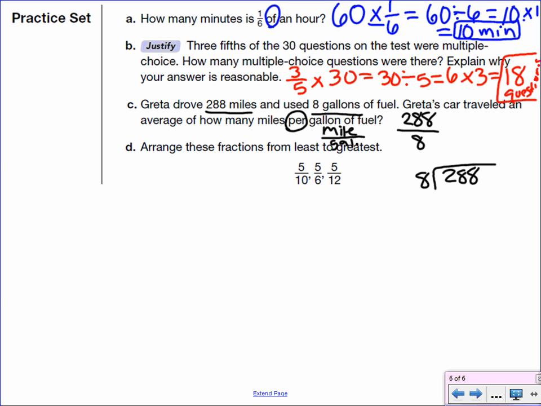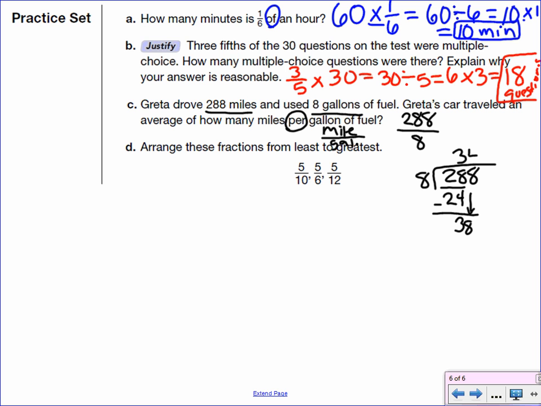How many times does 8 go into 2? It can't, it's too big. So how many times does 8 go into 28? 3 times. 3 times 8 is 24. Subtract those and I get 4. Bring the 8 down, 48. How many times does 8 go into 48?